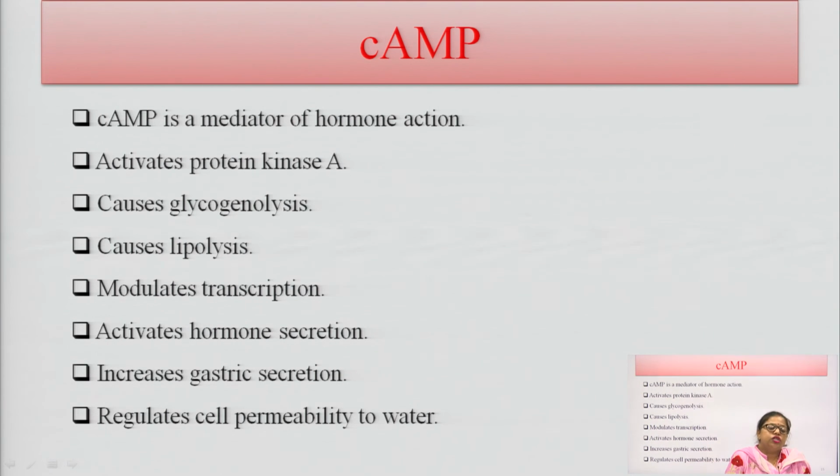There are various functions of cyclic AMP. It is the mediator of hormone action, and it activates protein kinase A. cAMP also helps in glycogenolysis, which is when glycogen is converted into glucose in the fasting situation, and it is helpful in lipolysis, the degradation of lipids.